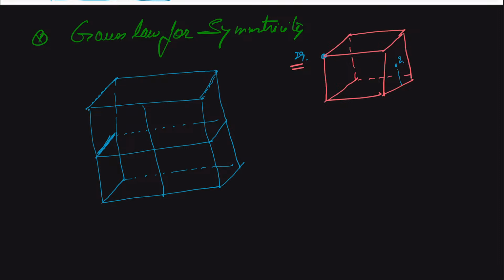This will be here, this will be here, and this will be here, and it will join like this. Okay. So these are the 8 cubes, and we are interested in this particular charge, that is our 2q. Now it is being surrounded by 8 symmetrical objects. It is right at the center.